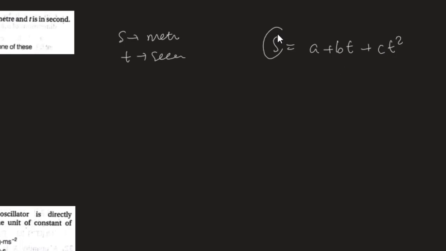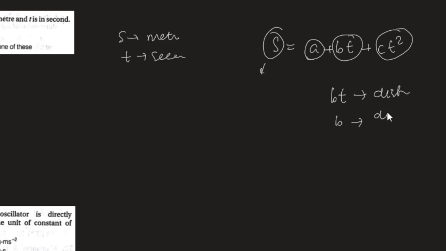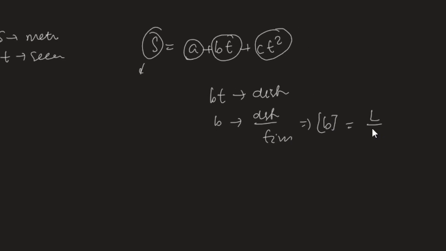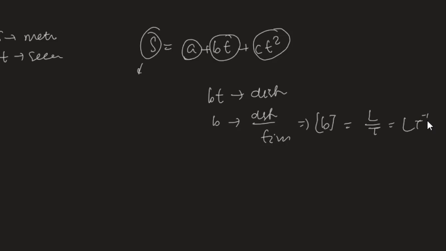So if S is distance, that means A is also distance, BT is also distance, and CT square is also distance. Now again T is time. So if BT is distance, then V is equal to distance by time. So from this we can find the dimension of V is L by T, that is LT minus 1.